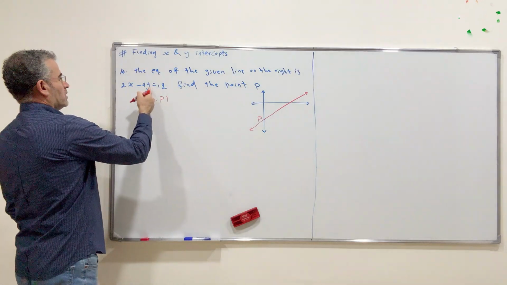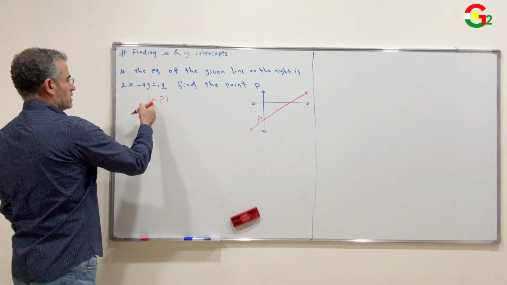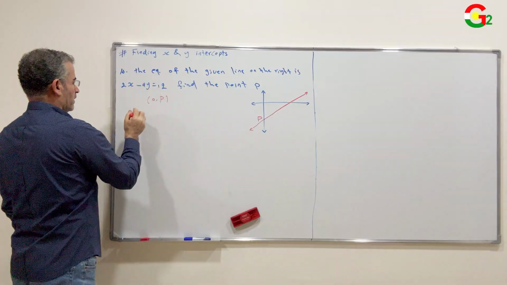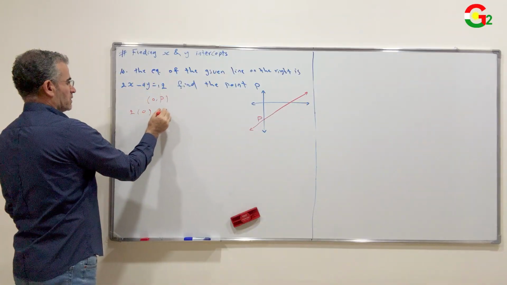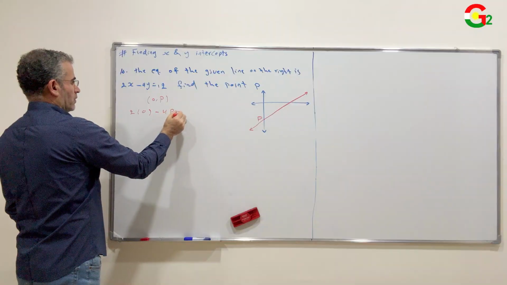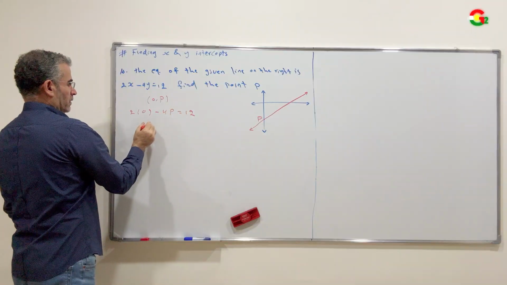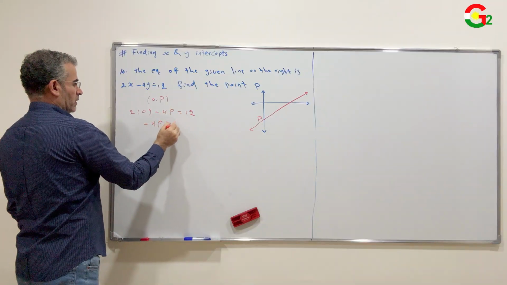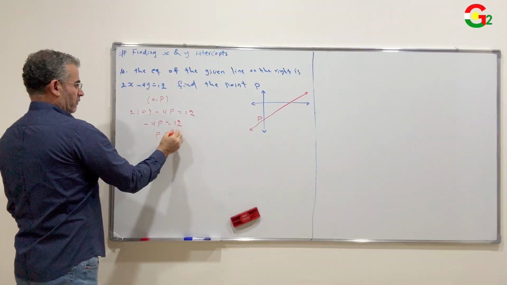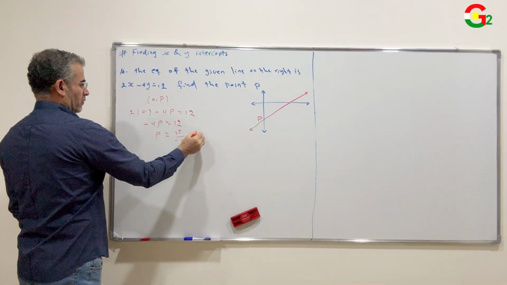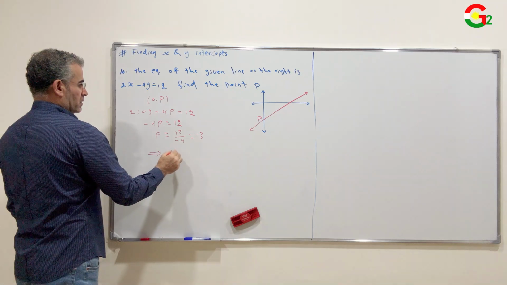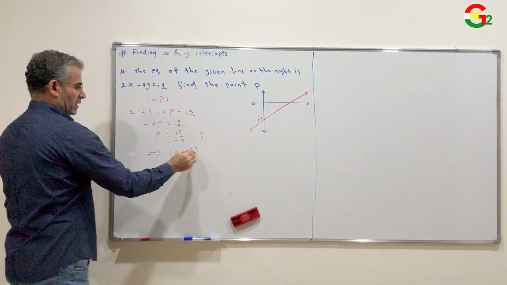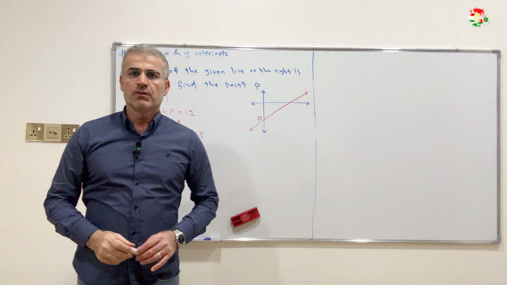Substitute this point in the equation since it satisfies the equation of this line. Then 2 times 0 minus 4P equals 12. Negative 4P equals 12. P equals 12 over -4, equal to -3. Then the point is (0, -3). See you next lesson.